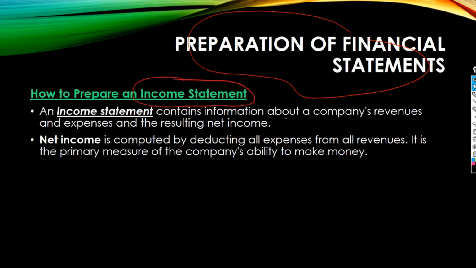What is in the income statement is information about the revenue of the company, as well as the expenses that the company incurred during a specific accounting period. Simply saying, it represents the summary of all the revenues that the company gained and all the expenses that the entity incurred in a specific period. How shall we compute the net income or loss?